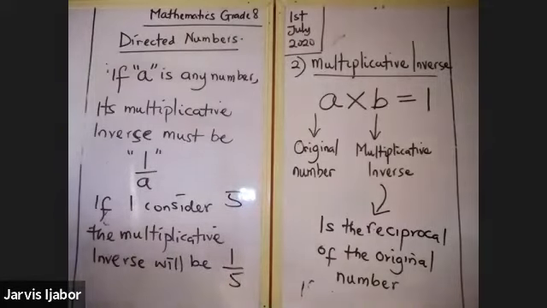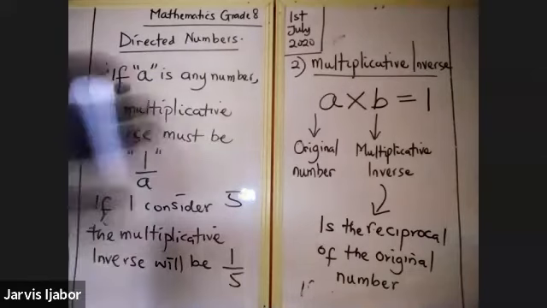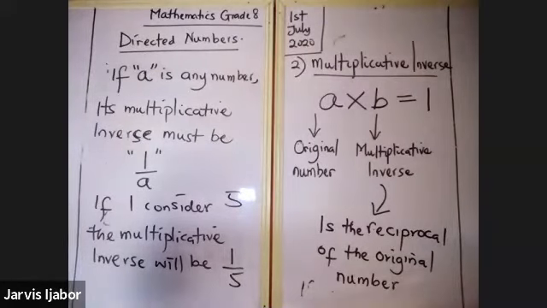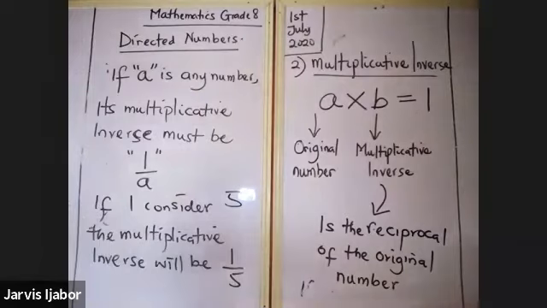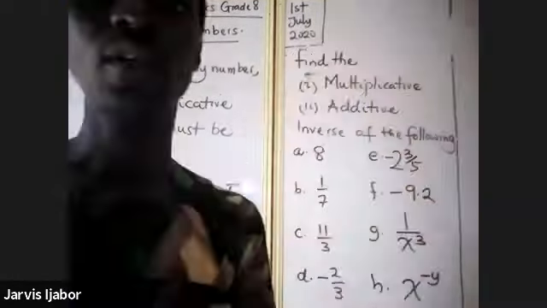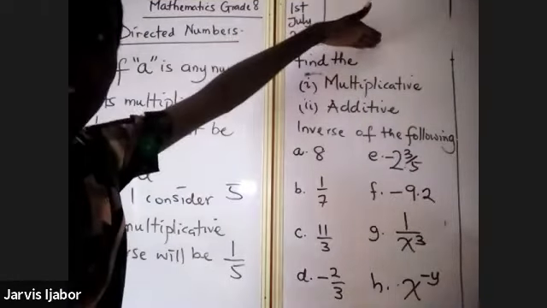Remember that what the multiplicative inverse does is that it makes the final answer 1. So a number and its reciprocal, or its multiplicative inverse, must give you 1.